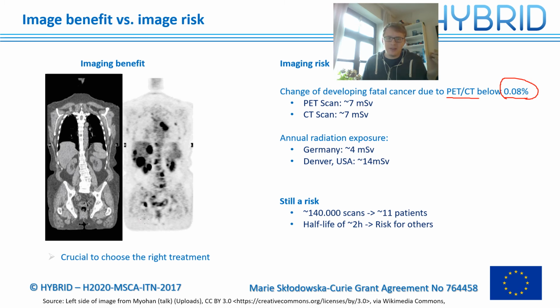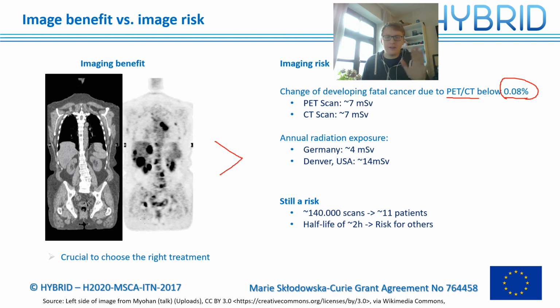Obviously, you have to take into account that there is still a benefit of these scans because you can choose the right treatment. And if you do the scans, you already have an indication for either cancer or something in neurology. So there is, in this case, a clear benefit.